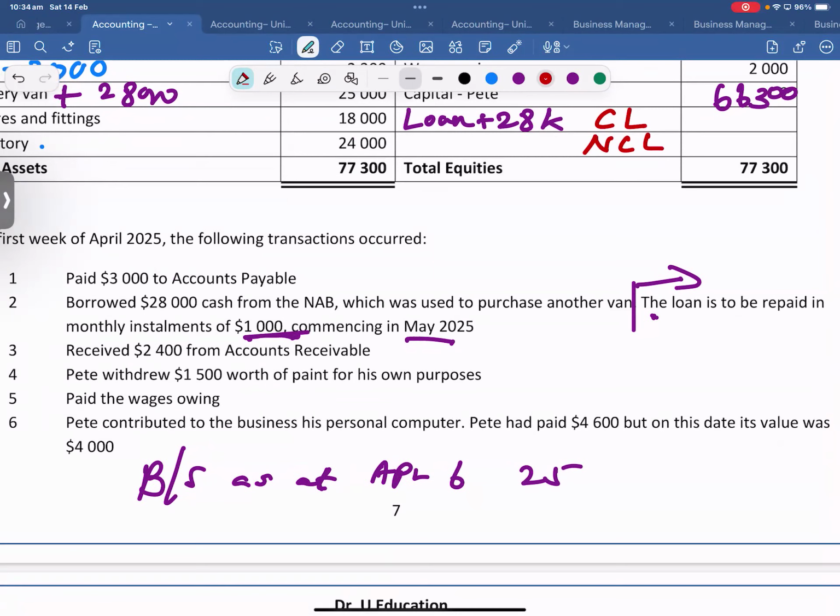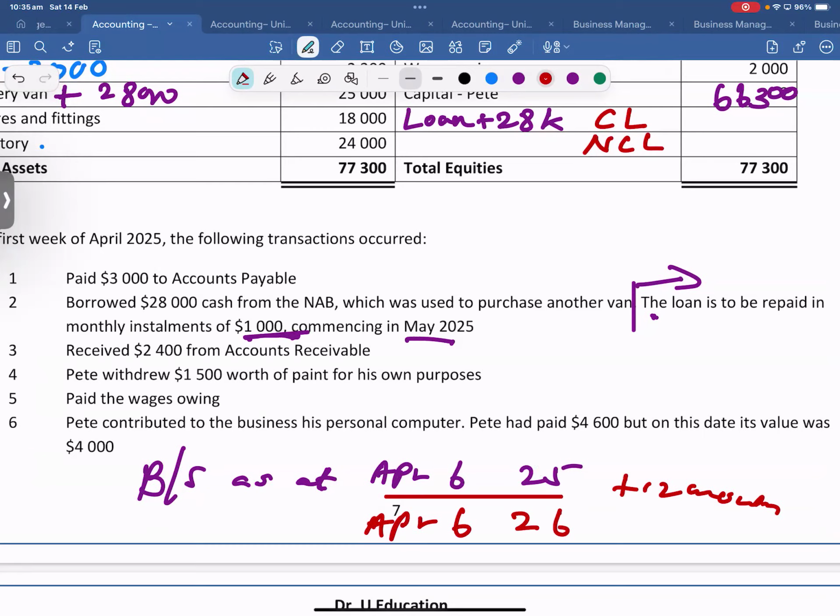So have a look, our balance sheet we are preparing as of April 6, 25th. The current, non-current thing is for the next 12 months, so you are adding 12 months here. When you add 12 months, it will be April 6th, 26. That means up until April 6, 26.